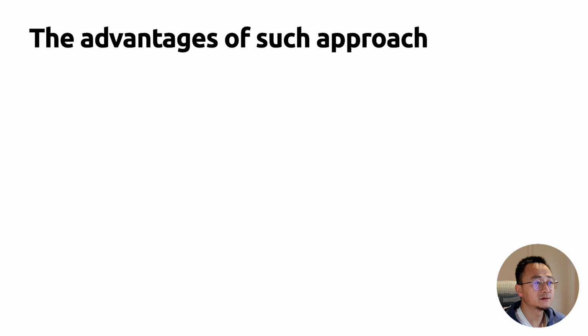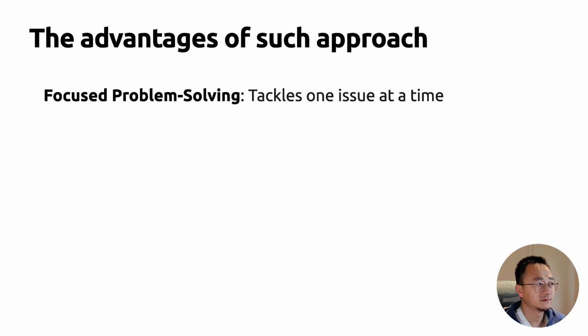So the advantage of this approach is, firstly, it will fix the problem solving. It only tackles one issue at a time, which is how our brain works as well. Like you can't work on multiple things at one time.